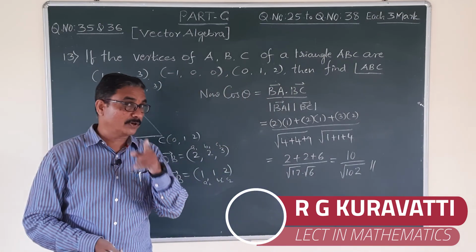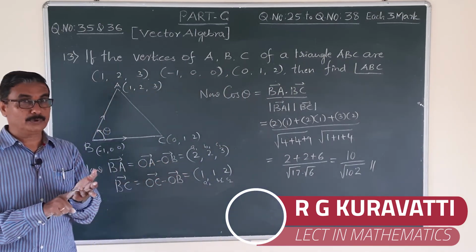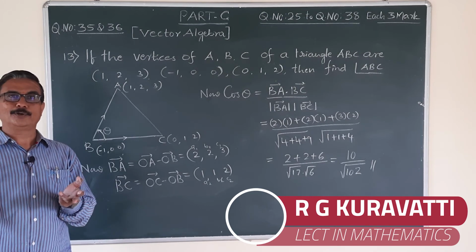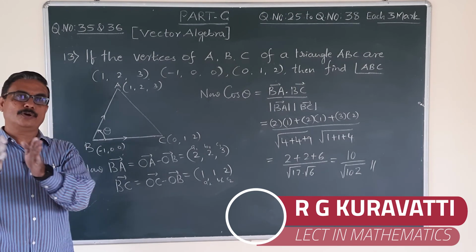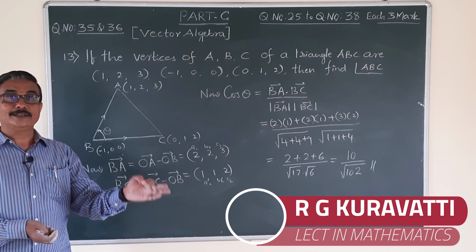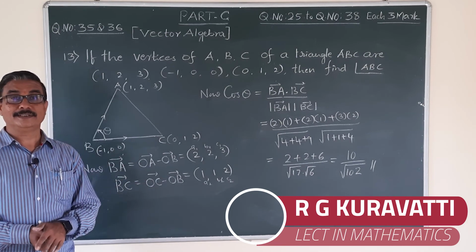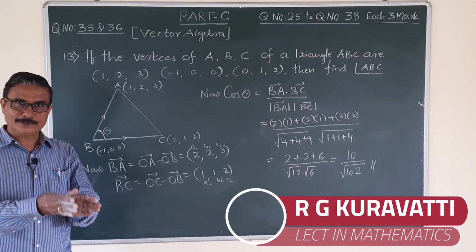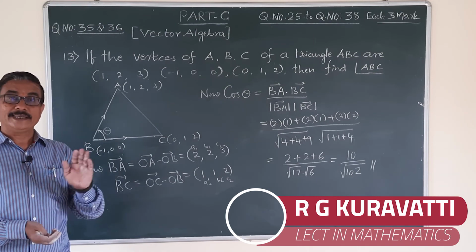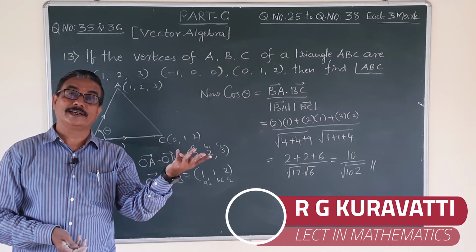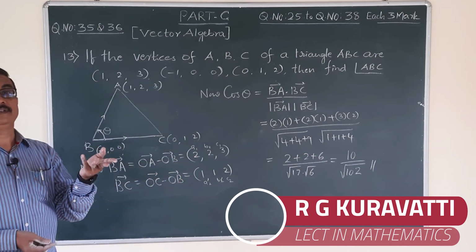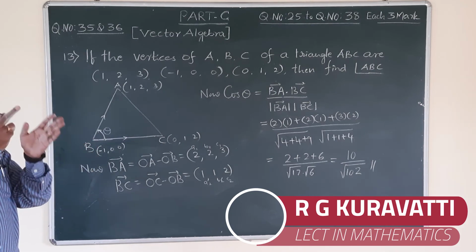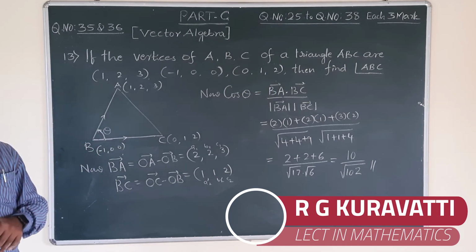So remember the formula: cosine of the angle between the vectors is given by cos theta is equal to A dot B divided by magnitude of A into magnitude of B. Sine of the angle between the vectors: sine theta is equal to magnitude of A cross B divided by magnitude of A into magnitude of B. Area of a triangle with three vertices ABC is given by the formula, area of triangle is 1 by 2 into magnitude of AB cross AC.